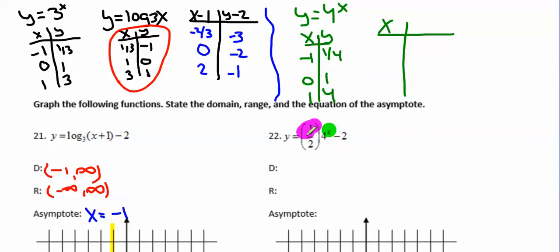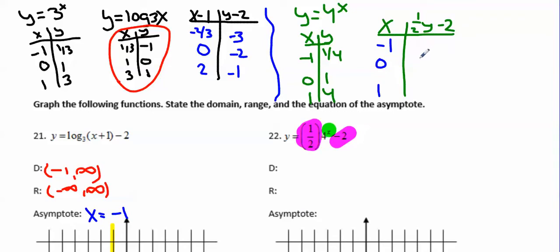I have the 1/2 and I have the -2. So I'm going to take my y values, multiply them by 1/2, then subtract 2. My x values stay the same, -1, 0, and 1, and then my y values are going to change.